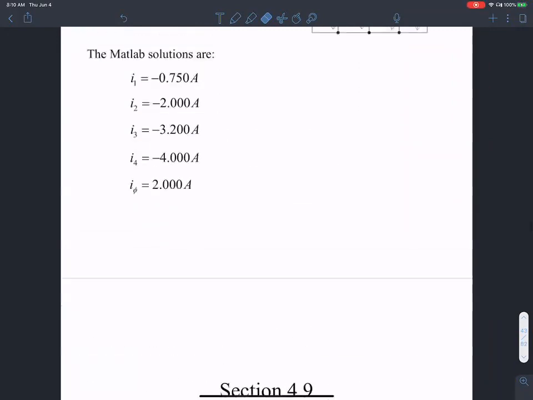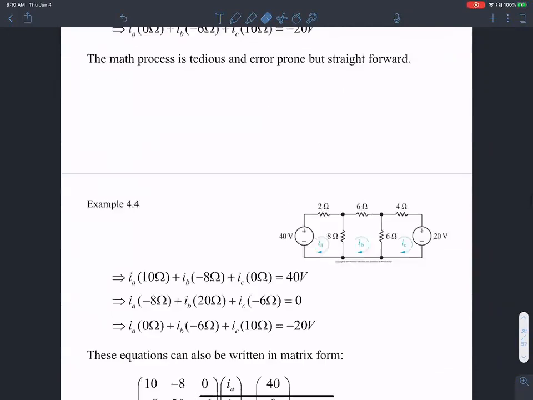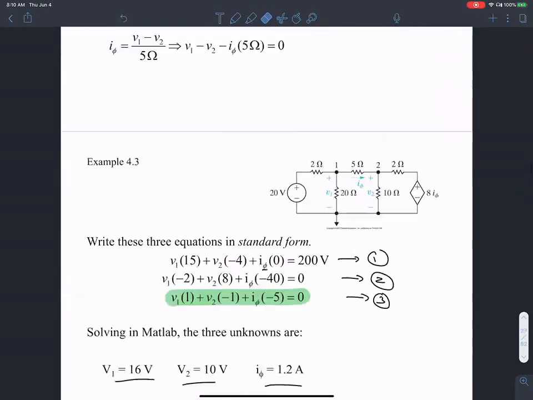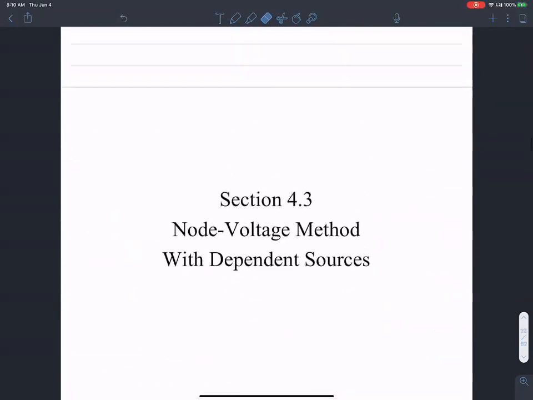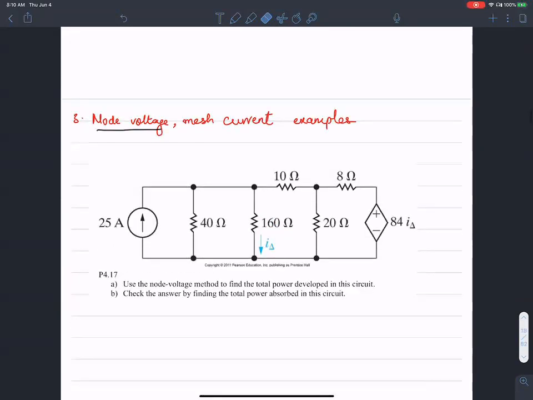So in this class, what we are going to do is to spend some more time on the node voltage and mesh current methods. Particularly, I want to spend some time on a couple of example node voltage method problems. This one I have up here. In order to do that, I need your help.